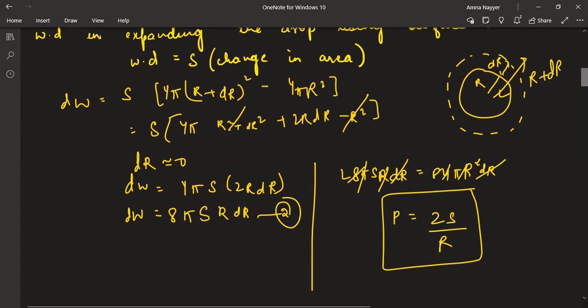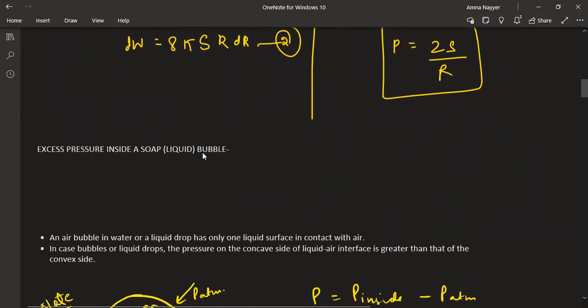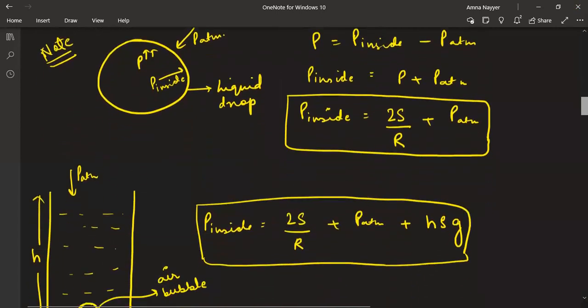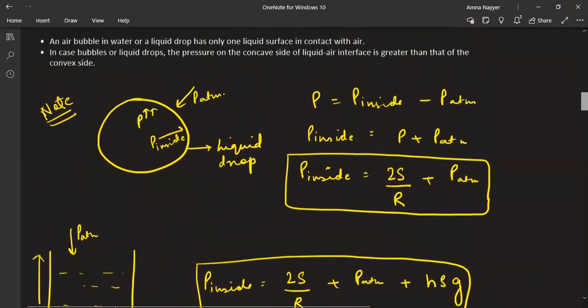If you are talking about a soap bubble, you will double it. Excess pressure for soap bubble will be 4S by R, double of it. So air bubble in water or a liquid drop has only one liquid surface in contact with air. In case of bubbles or liquid drops, the pressure on the concave side of the liquid air surface is greater than that of convex side. And these are also just important points to remember.